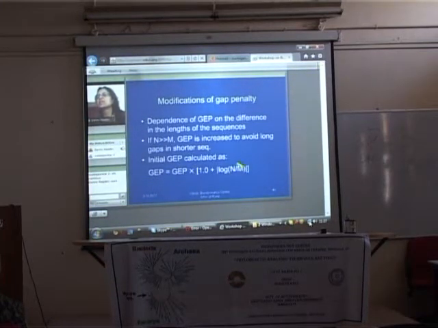So you can see here that the ratio will depend on the difference in the lengths of the two sequences that you are trying to align. Using the log scale, you are amplifying that ratio, then adding 1 to it, and then multiplying with the initial gap penalty.